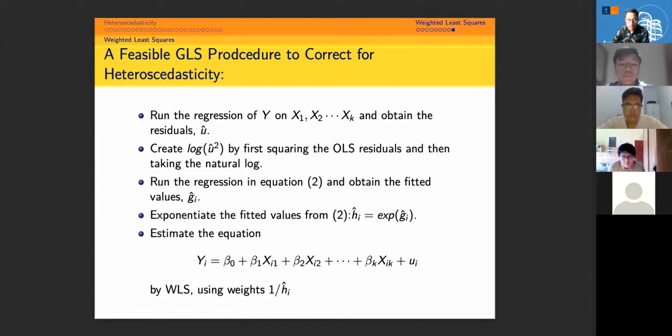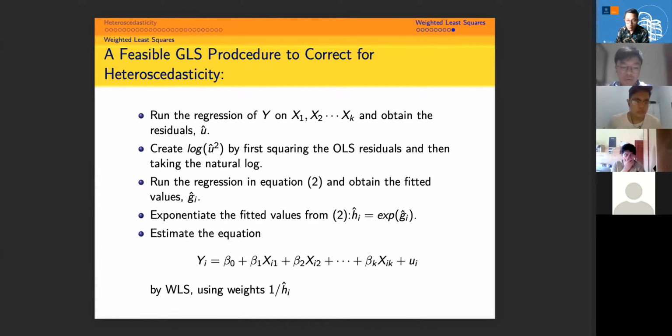Okay. Now we're going to exponentiate the fitted value g hat, and then we're going to get h hat. And this h hat, or the inverse of the h hat, is going to be the weights for the weighted least squares. Okay. And so basically you just have to divide the left hand side by h hat, and then the right hand side by h hat.